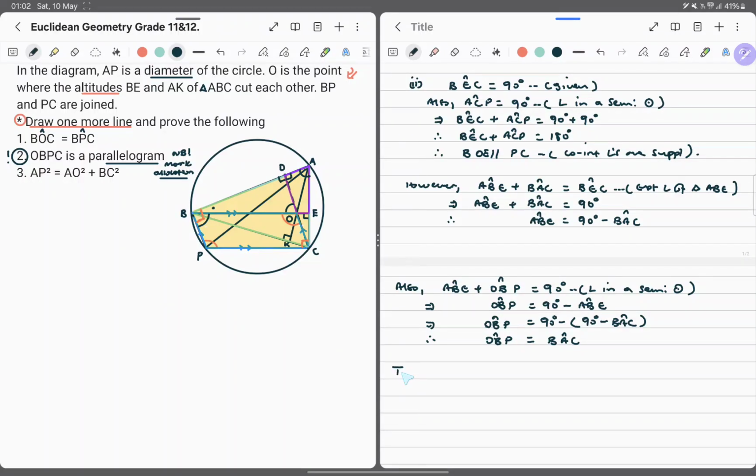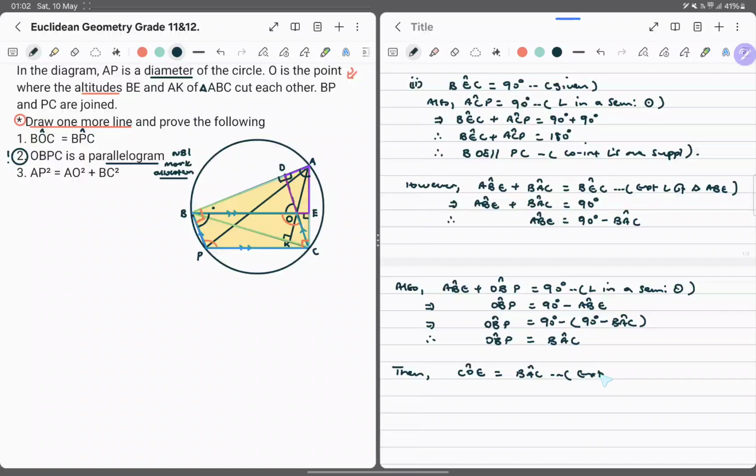Let's just answer the question. Then we understand that COE is equal to angle BAC.